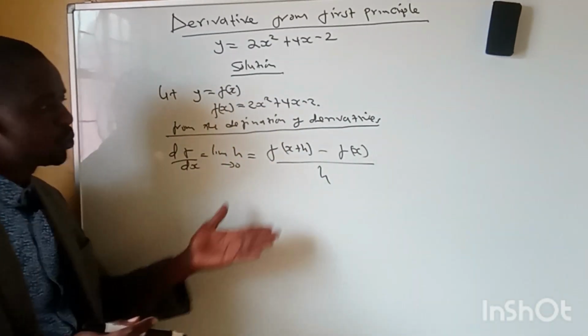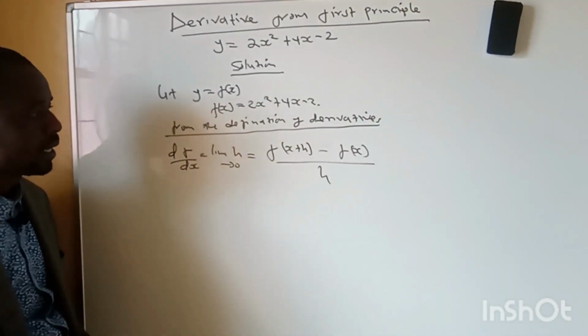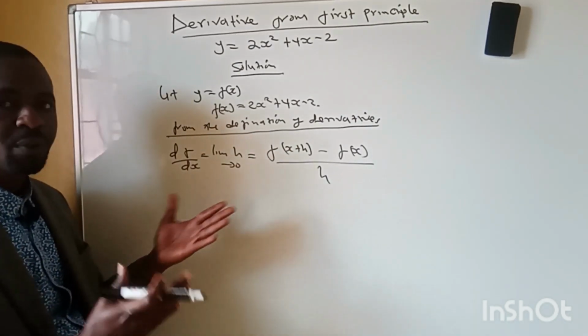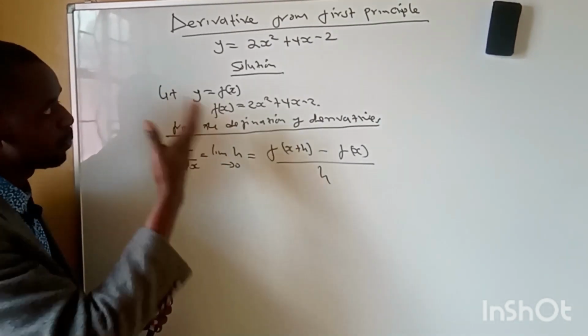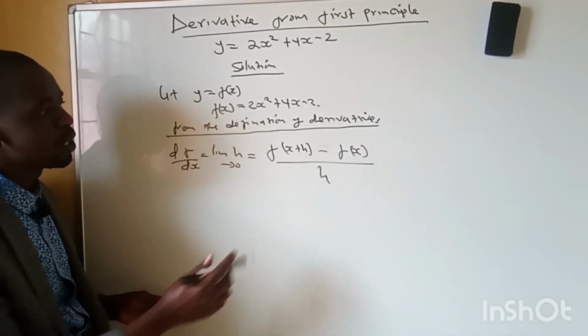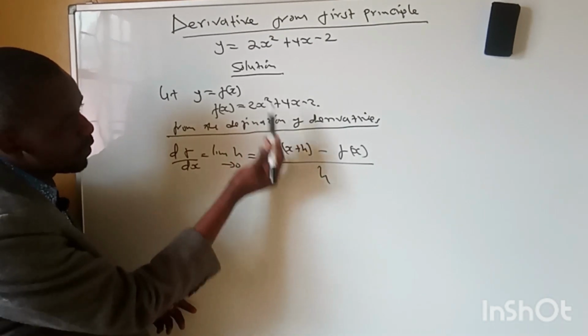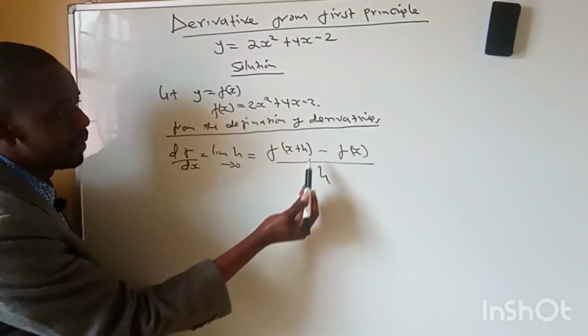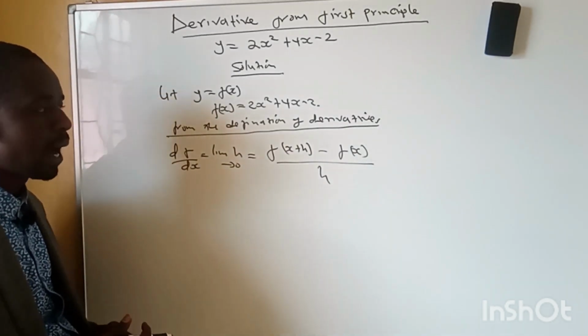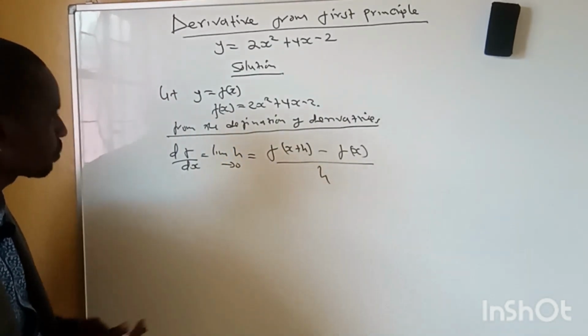So I want you to take note of that formula. You can see that h is now the variable because it is changing. There is x and the function f of x, you add the change to the variable x, then minus the initial equation, all over h.